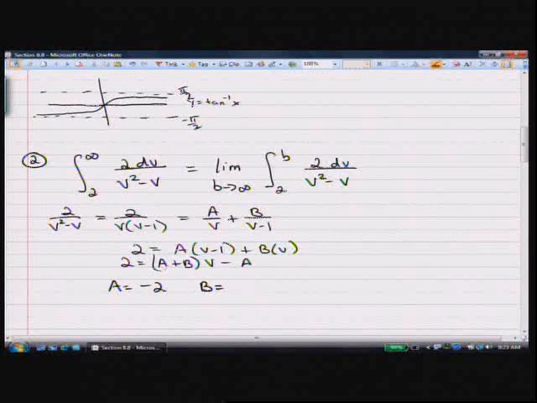Because a plus b has to equal 0, right? Because there are no v's over here. And then 2 equals negative a, because those are your constants. So a equals negative 2, which means that b has to equal positive 2.